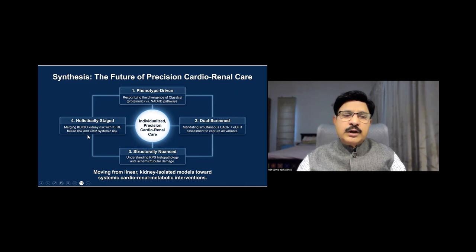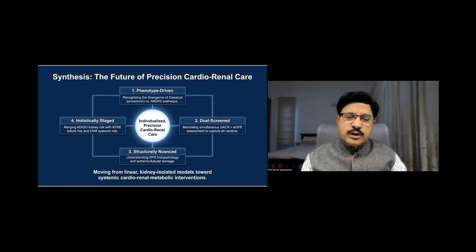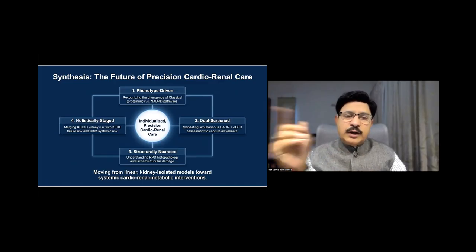Holistically, merge KDIGO, kidney risk, with KFRE, kidney failure risk, and CKM, systemic risk. Three are there. KDIGO, kidney risk, I have shown you, that is stage 1 to stage 5. And then KFRE, kidney failure risk equation: age, gender, eGFR, albuminuria, and get that risk. And you can use the CKM risk, which is in the previous slide.